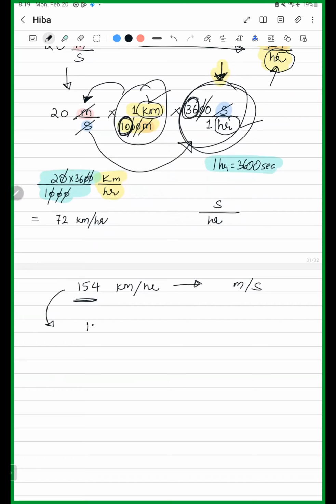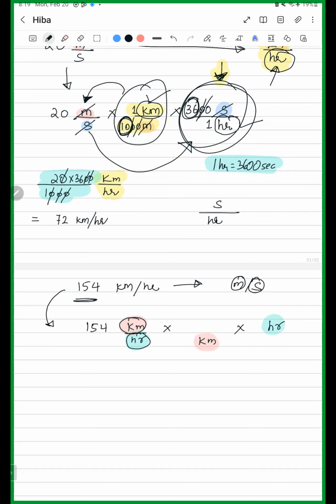Let me give you a hint. It's supposed to be like this. Kilometer per hour, right? So this kilometer you have to get rid of. So this kilometer has to go below. And this hour also you have to get rid of. So this hour has to come above. Now what you have to see, this hour is above, this kilometer is below. Now you need meters per second.